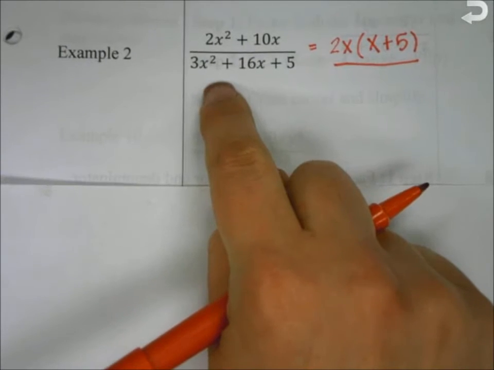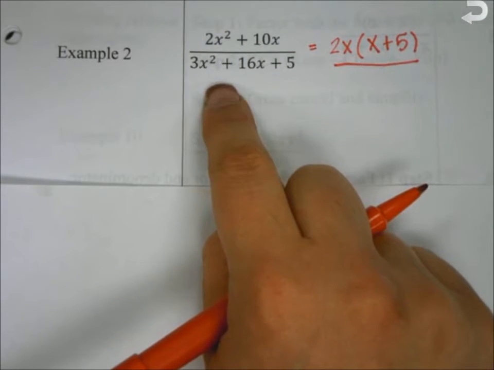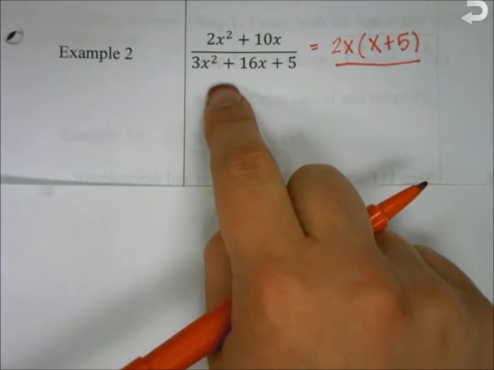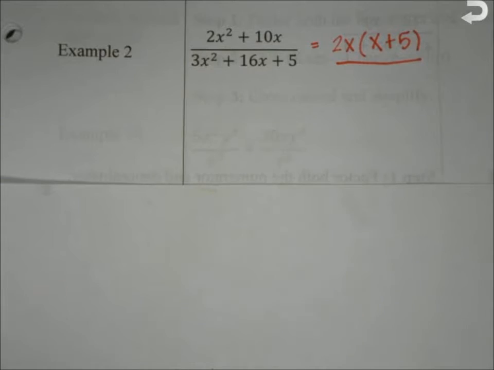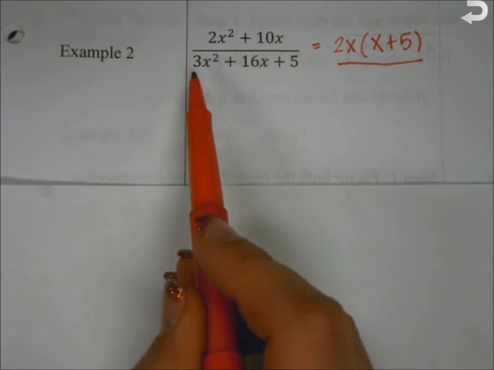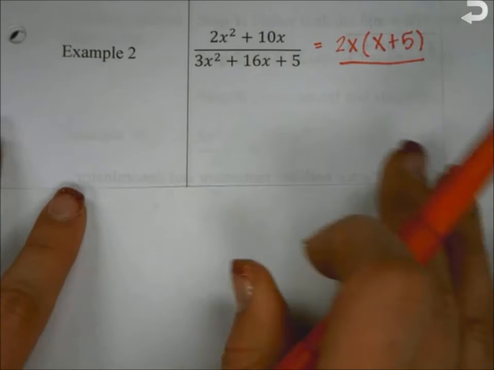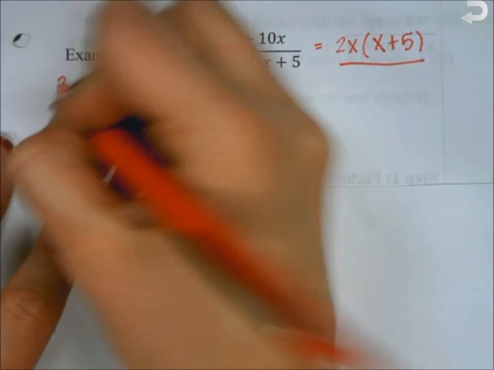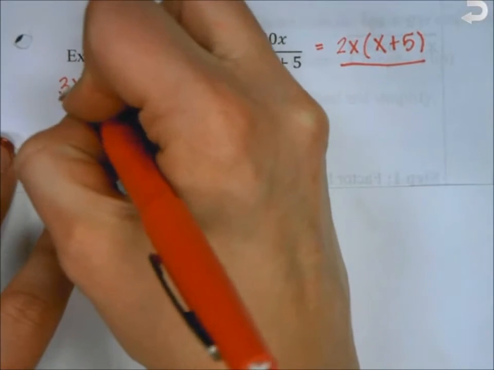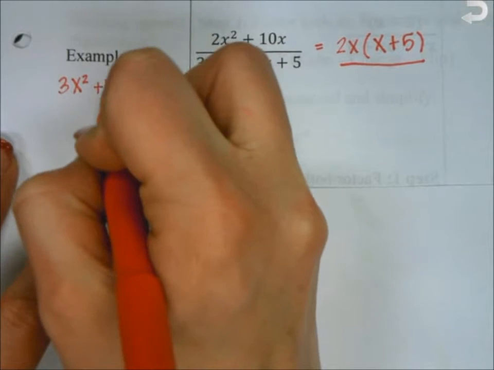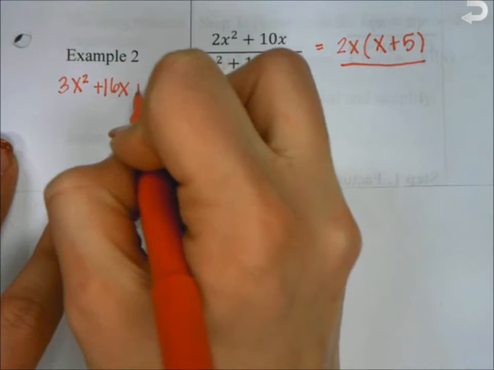Bottoms up. What's the first thing I should always look for before using bottoms up? A GCF. If there is a GCF and you try using bottoms up, it will not work. So do make sure that you double check, but we don't have a GCF in here. So I'm going to factor using bottoms up just off to the side as scratch work. 3x squared plus 16x plus 5. Okay, and then what are my steps to bottoms up?